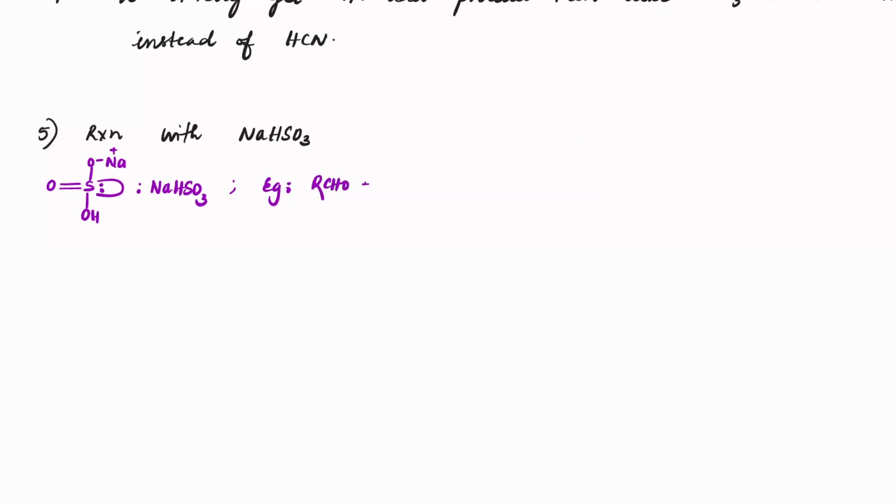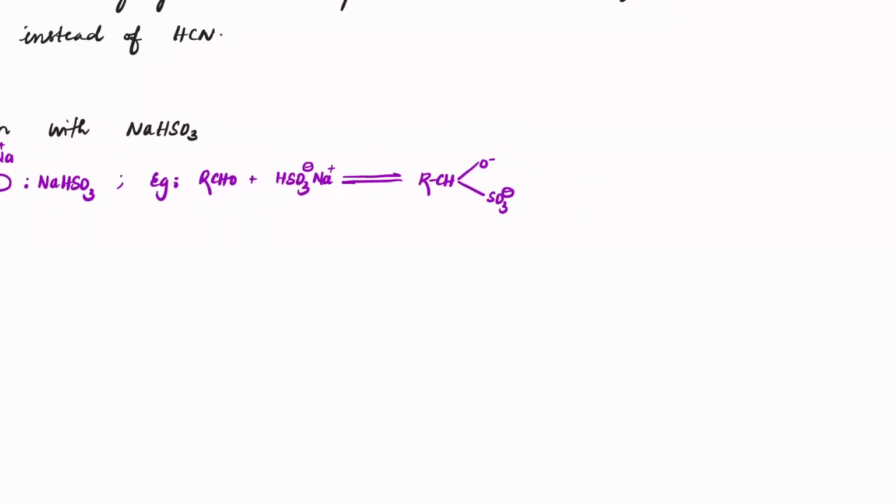Okay. So for example, if you notice, an aldehyde, when you react with HSO3 minus Na plus, that would be in equilibrium to get this as RCH, O minus, and SO3H.